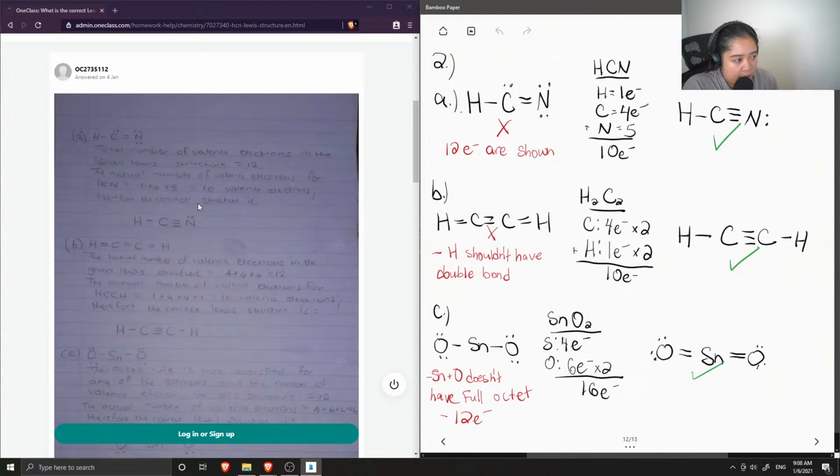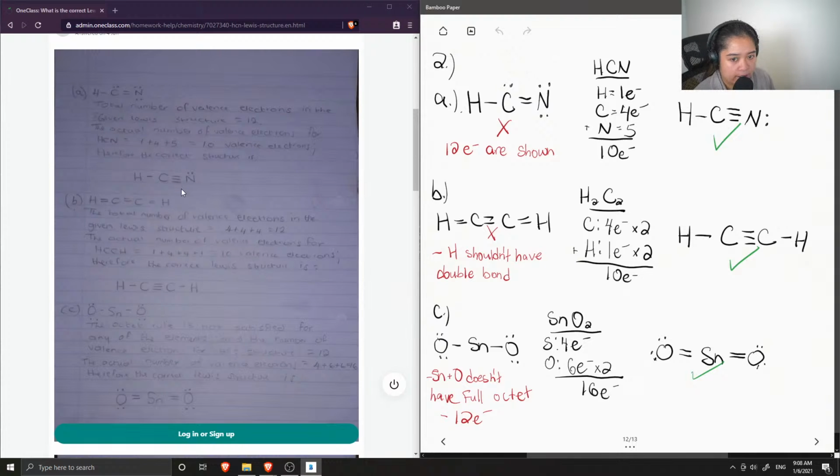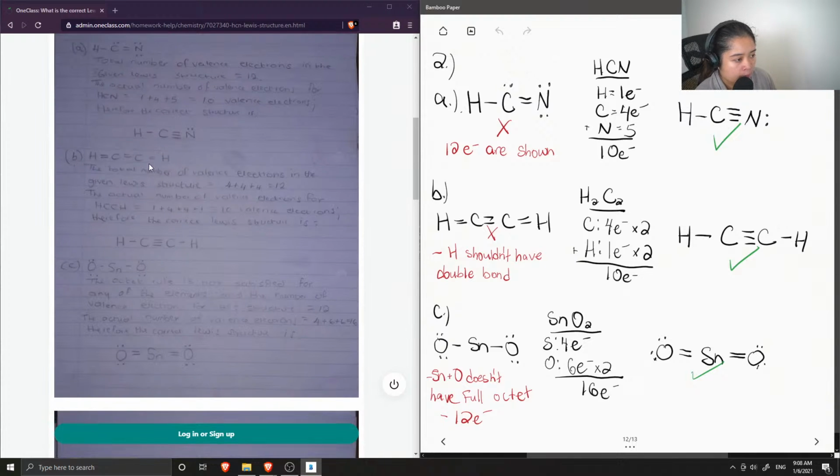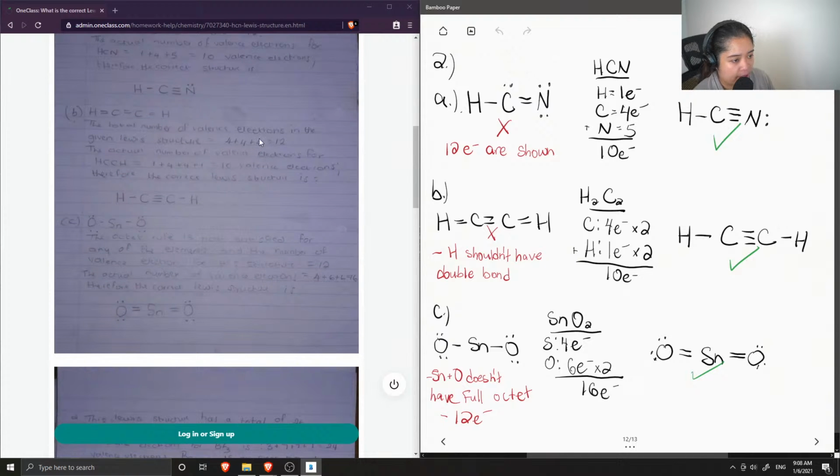Therefore, the correct structure is the carbon with a triple bond. For B, the total number of valence electrons in the given Lewis structure is equal to 12. The actual number is equal to 10. So therefore, the correct Lewis structure is the triple bonded carbon.